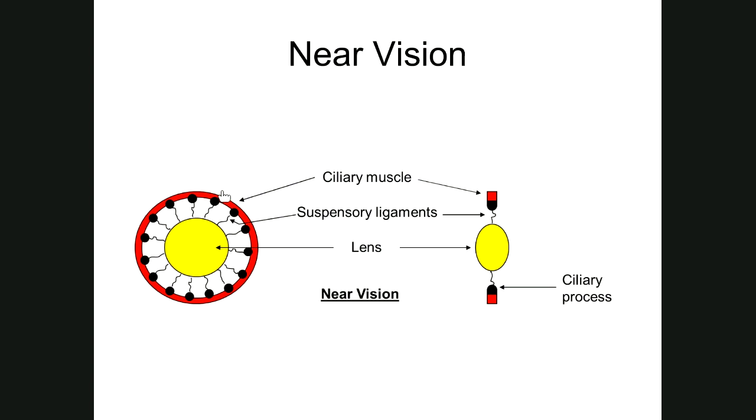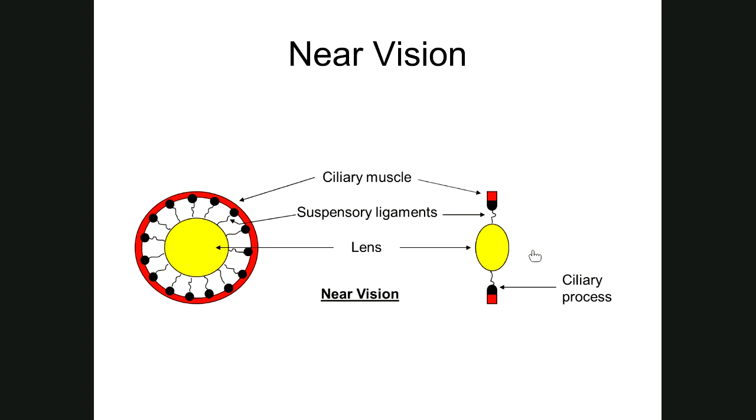Because it does that, the tension on these suspensory ligaments is lessened, and the tension on that lens is lessened. It allows the lens to become more biconvex, more fat, a more convex shape to it. So here's the muscle. There's a ciliary process there, the little black thing. There's your suspensory ligaments, and you see that the lens is real nice and biconvex.